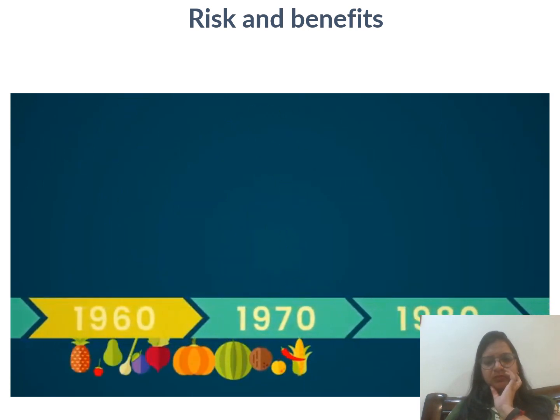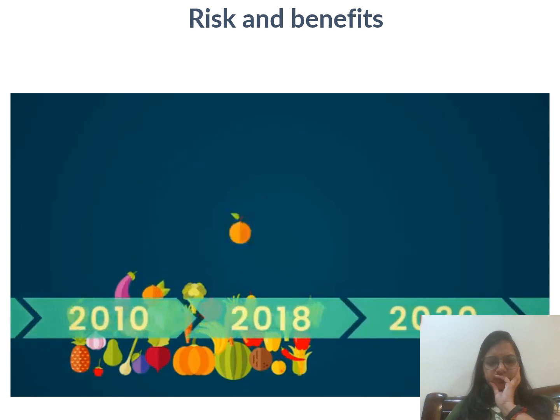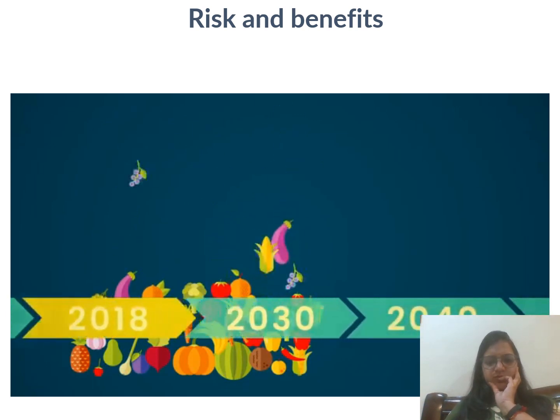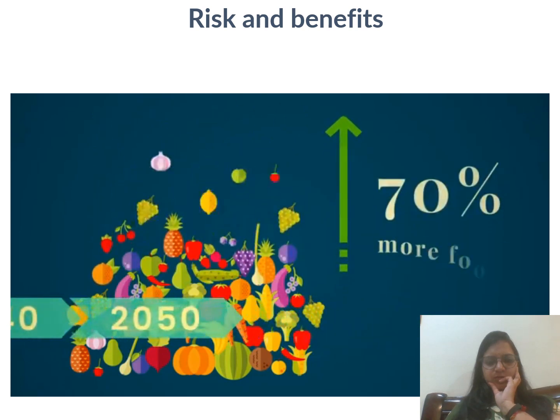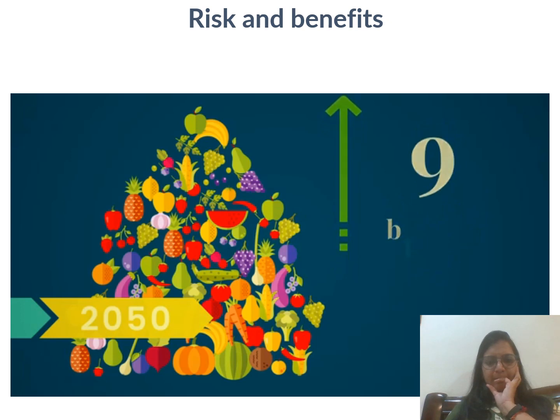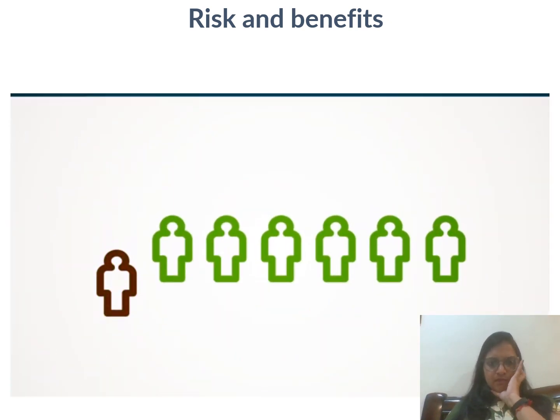Since 1960, pesticides have helped triple production of major crops, but the challenges ahead are huge. By 2050, growers will need to produce up to 70% more food for more than 9 billion people. As it is today, 1 of 7 people worldwide are hungry.